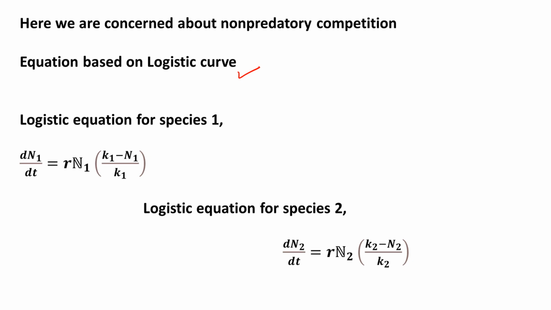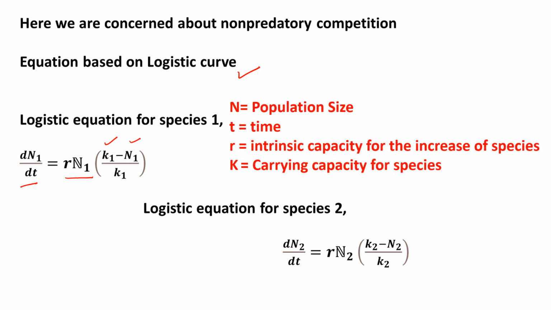So for species 1, in the absence of species 2, the equation will be dN1/dt = r N1 (K1 - N1)/K1, where N stands for the population size, t for time, small r for the intrinsic capacity for increase of the species, and K for the carrying capacity. dN1/dt is the change in population size for species 1 in the absence of species 2.